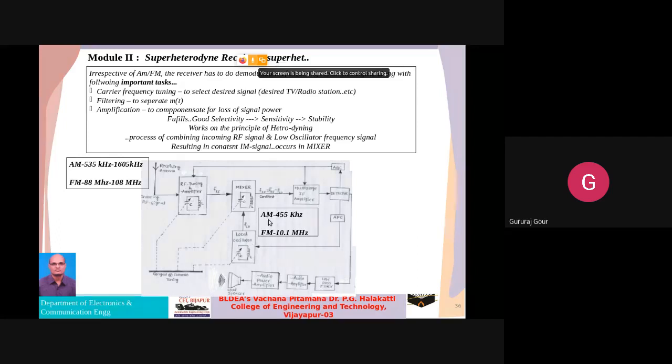For AM, I have written here it is 455 kilohertz, and for FM it is higher, in terms of megahertz, that is 10.7 megahertz. So accordingly we get FRF plus FLO or FRF minus FLO, depending on whether the carrier frequency is higher or lower than the local oscillator frequency. This is what we are doing, and it is called intermediate frequency.